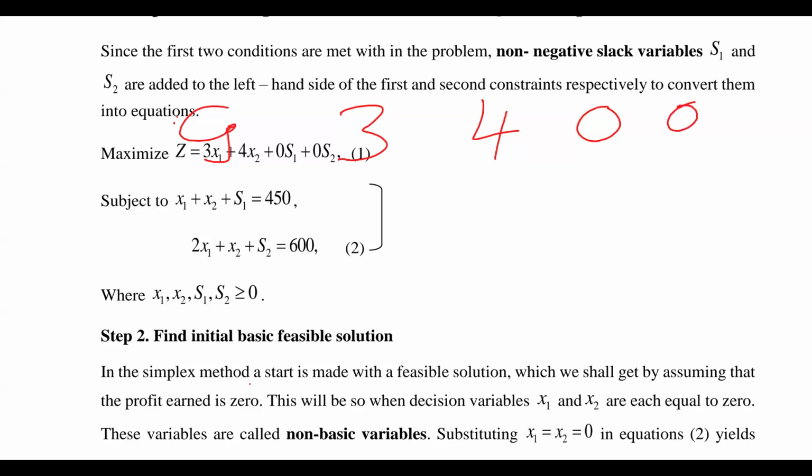Then for the matrix itself, you have what you call the basic variable. This is called the basic variable side.